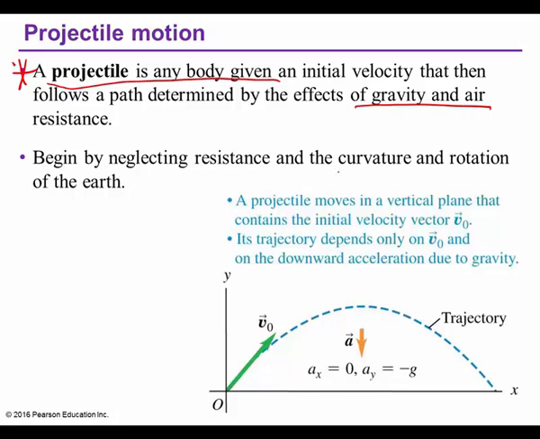So, it's going to have a curved path. All right, so we see this little diagram here. We launch it with an initial velocity. And these are what we call the parameters of projectile motion.